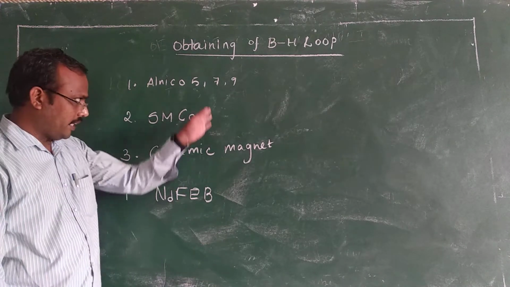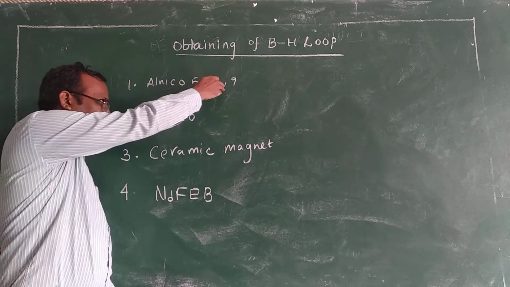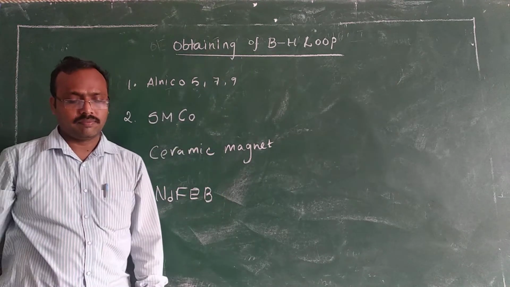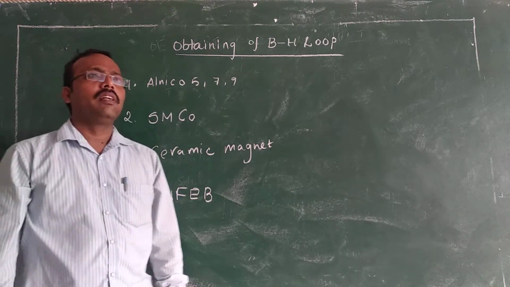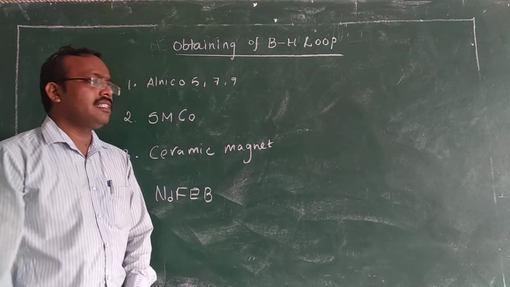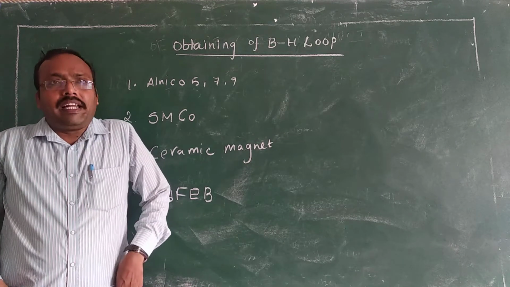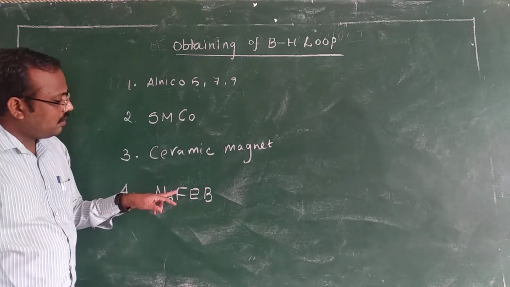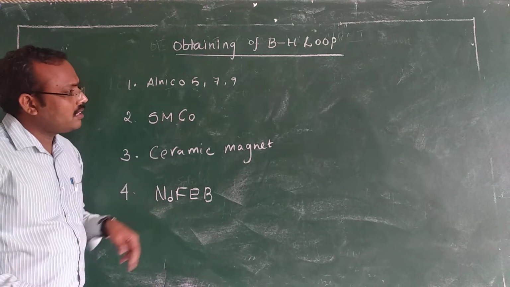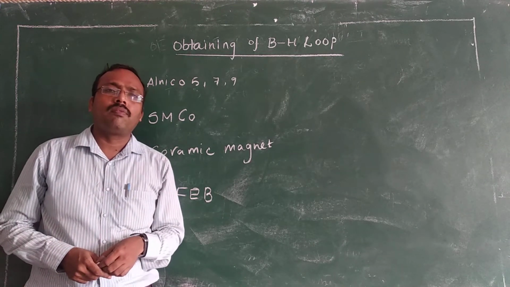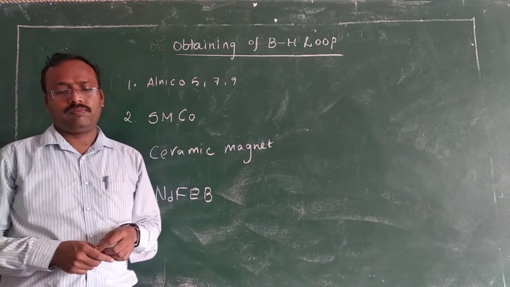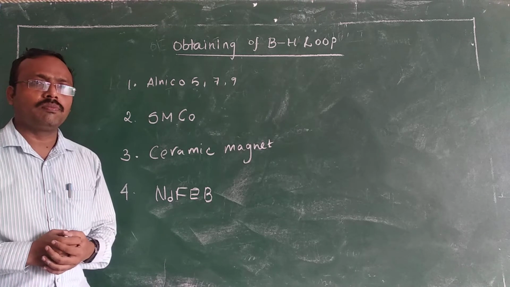In the last class we studied the characteristics of these materials. These magnetic materials are hard magnetic materials and they work in the second quadrant of the BH loop.